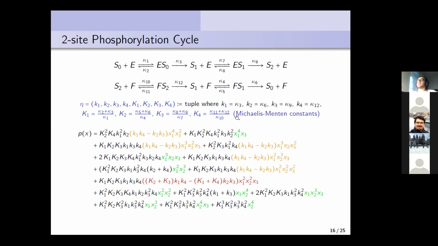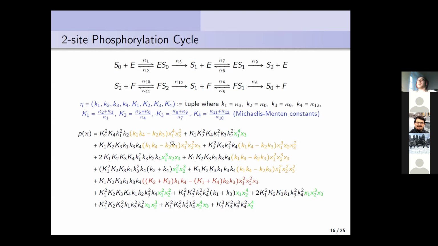I'm not an expert in the area, but apparently in chemical reaction network theory, whenever there is a structure like this, instead of kappa 1, kappa 2, kappa 3, you can just represent them with one big K1. After you plug in these Michaelis-Menten constants, what you have is this polynomial P over here.